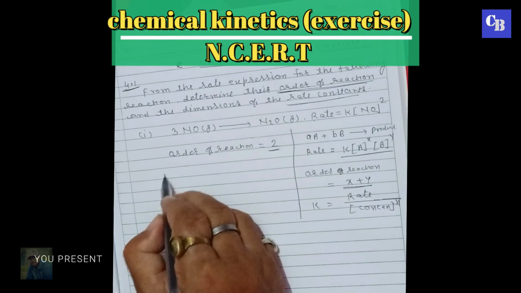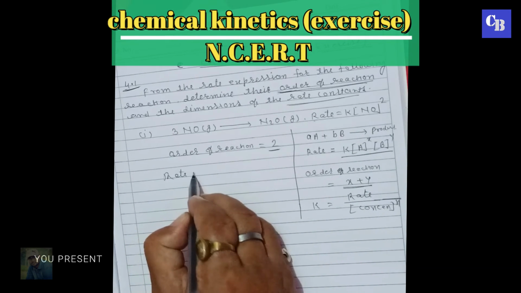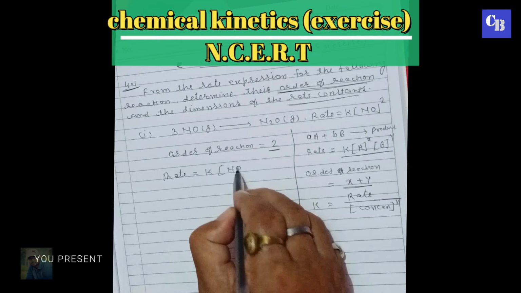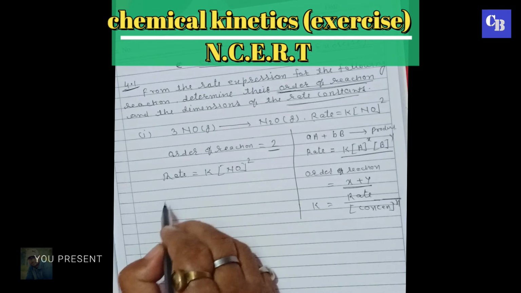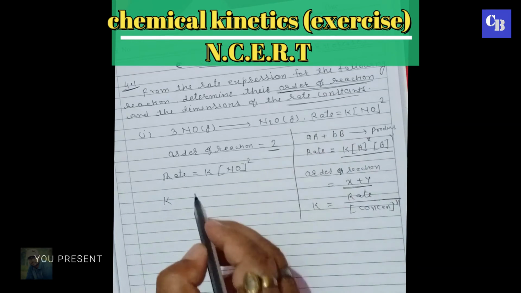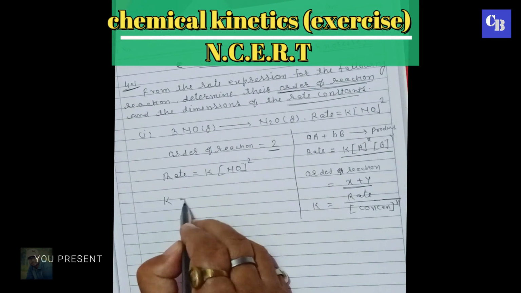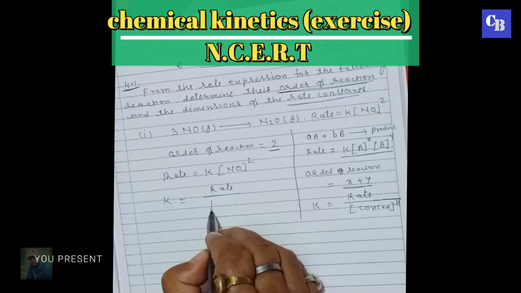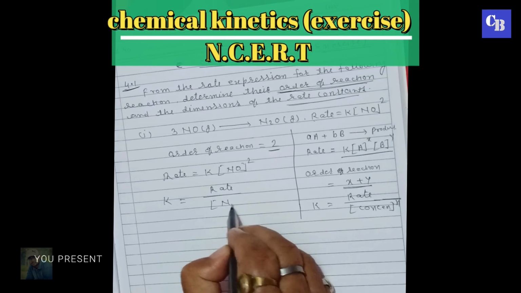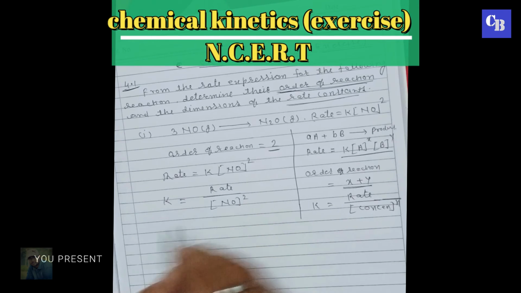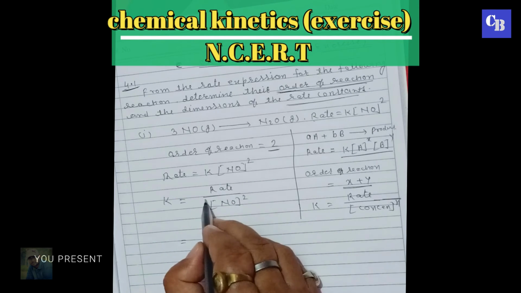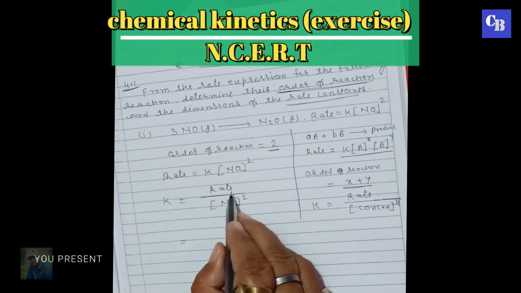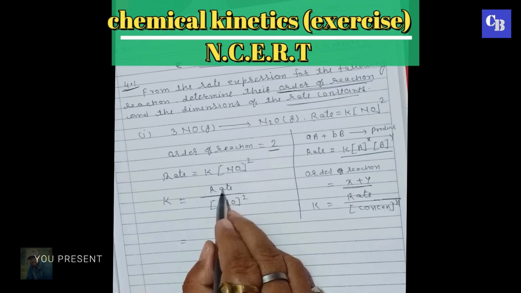So here rate equal to k into concentration of nitric oxide to the power 2, then the dimension of rate constant k equals rate divided by concentration of nitric oxide squared. And here the rate of the reaction has the unit mole per liter per second.